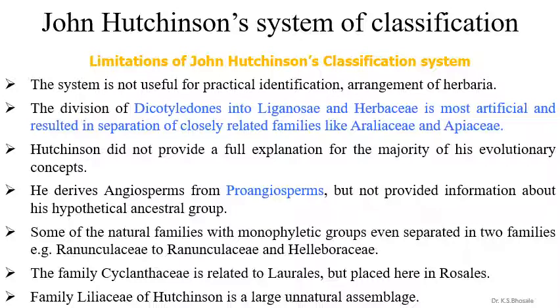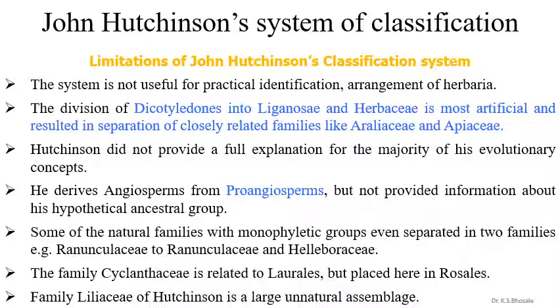The division of dicotyledons into Lignosae and Herbaceae, which means Lignosae includes all tree species and Herbaceae includes all herbaceous species, seems to use habit as the only criterion, and it makes this system more artificial. This is one of the drawbacks.